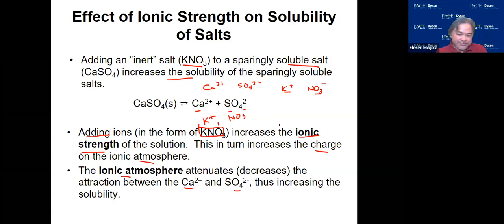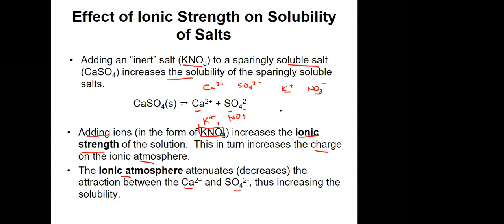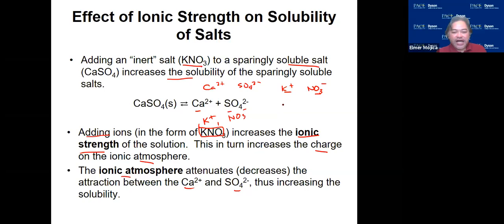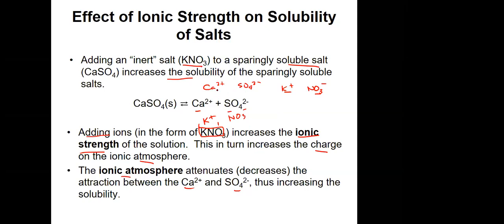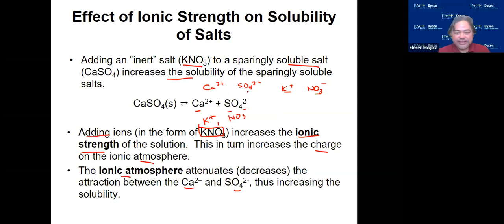What do you think happened? Does it make the solution more charged, so then calcium and sulfate want to split more easily? But how does the addition of additional ions prevent the calcium 2 plus and the sulfate ion from being attracted to one another again?